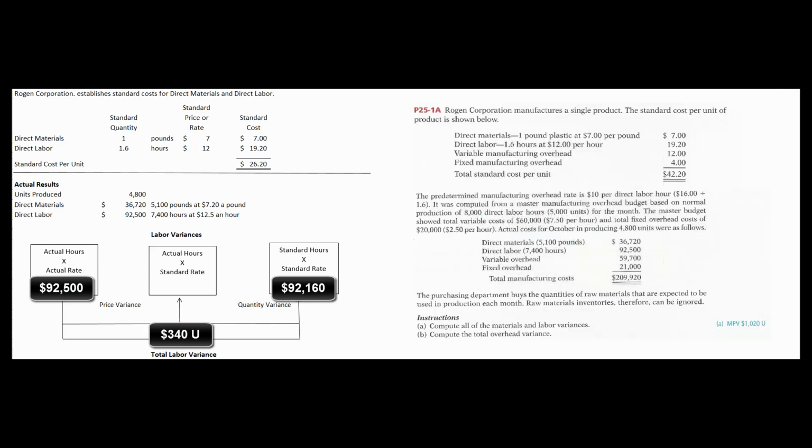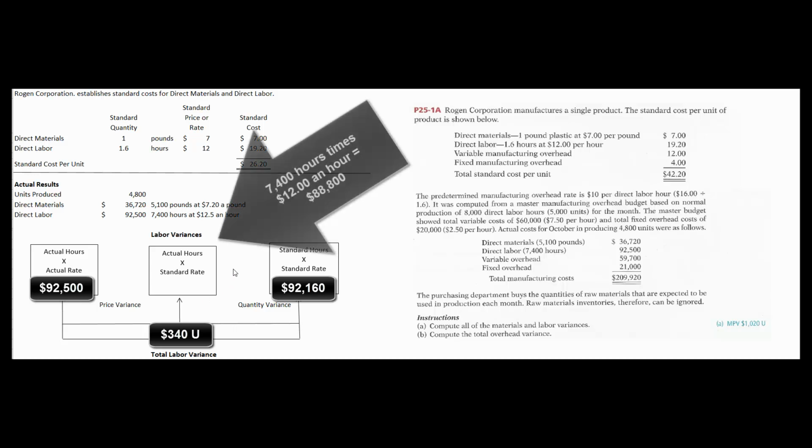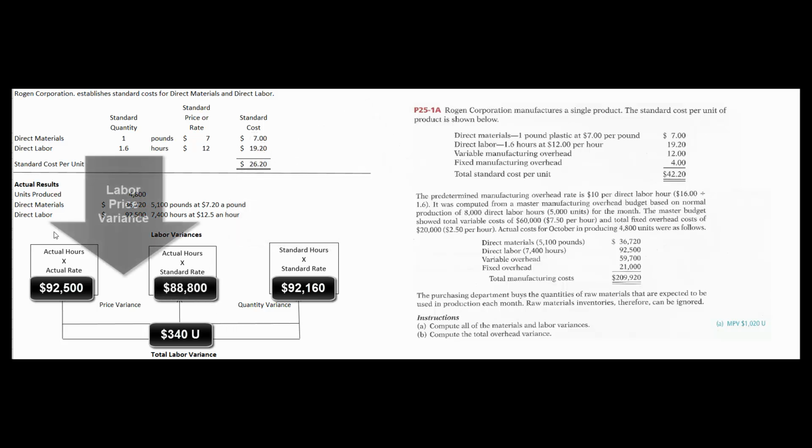So to get the price and the quantity variance, we just have to stick the magic box in the middle here. The actual hours that we spent were 7,400. The standard rate is $12. So this middle box now has a value of 88,800. We take 92,500 minus 88,800 and we get a price variance of 3,700.